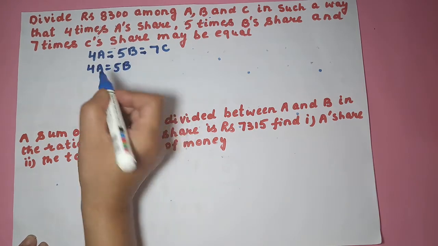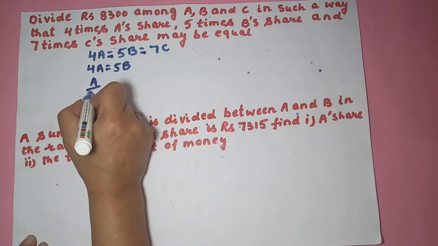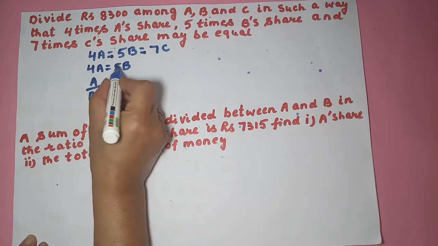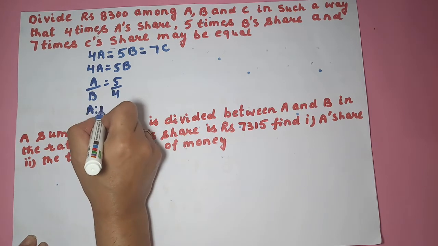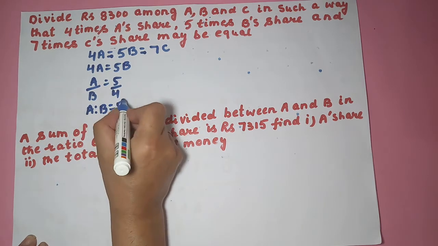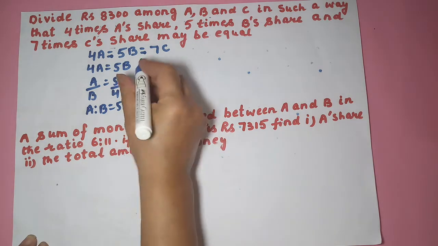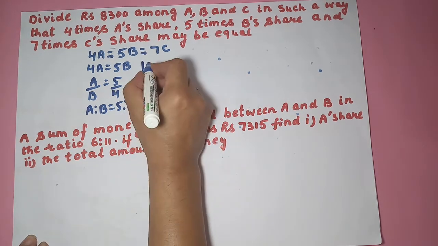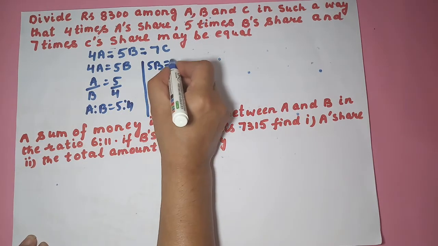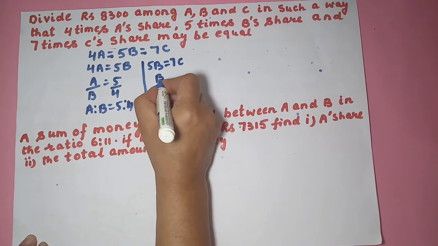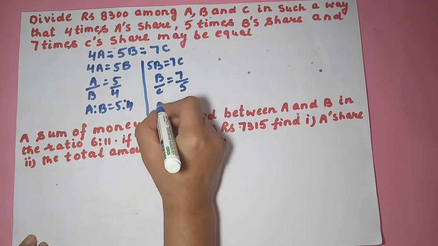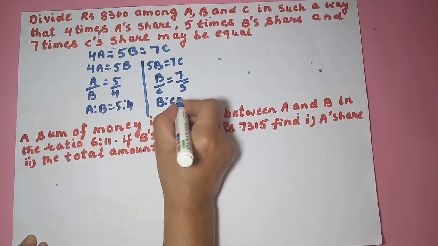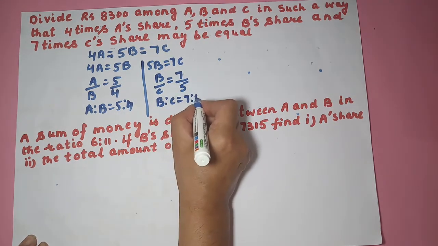So, what will I get from here? A by B equal to 4 will go here, 5 by 4. So, I got A is to B as 5:4. Similarly, I will get 5B is equal to 7C. Does that mean B upon C is equal to 7 upon 5? Does that mean B is to C is equal to 7:5?